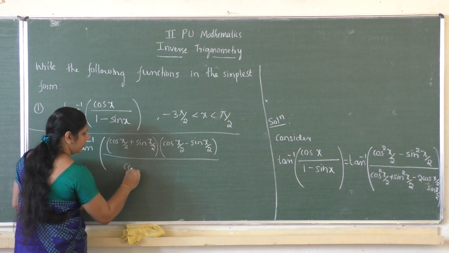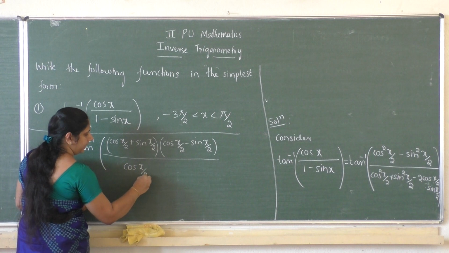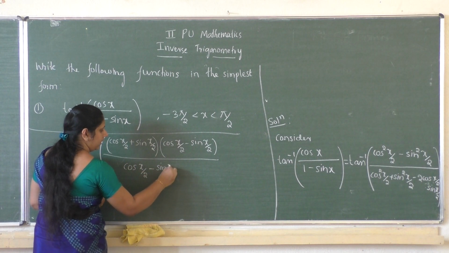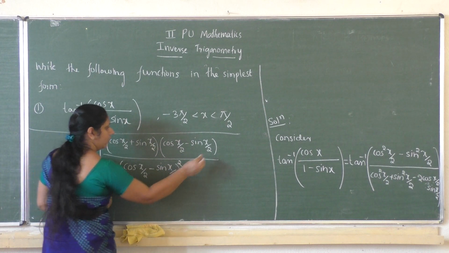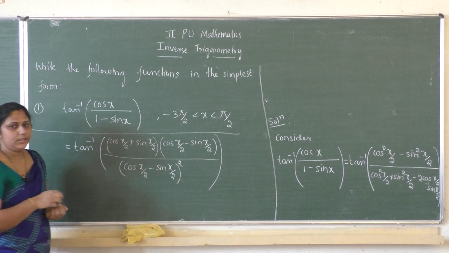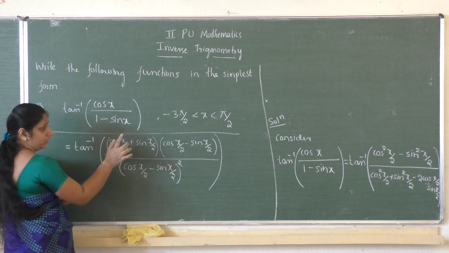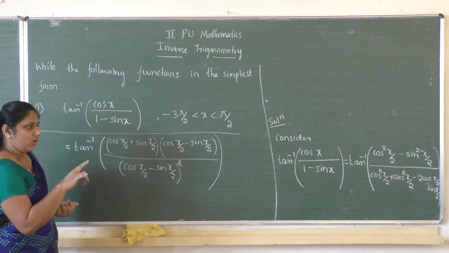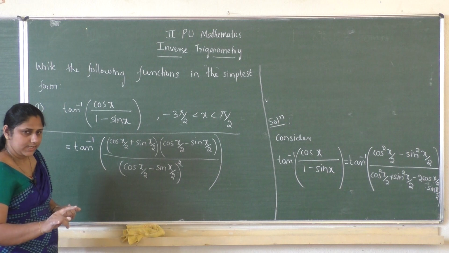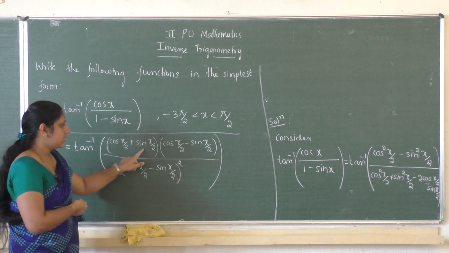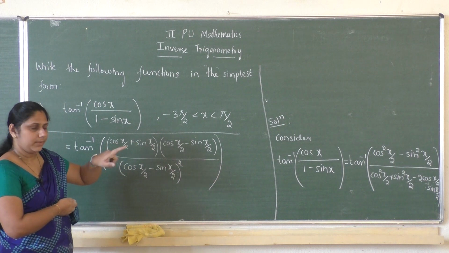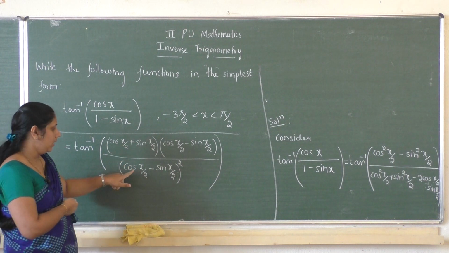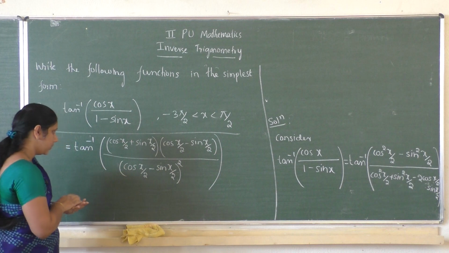So it is of the form cos x by 2 minus sin x by 2 whole square. Correct? See, the numerator is of the form cos square x by 2 minus sin square x by 2, so a plus b into a minus b. Denominator a square plus b square minus 2ab, so a minus b whole square.